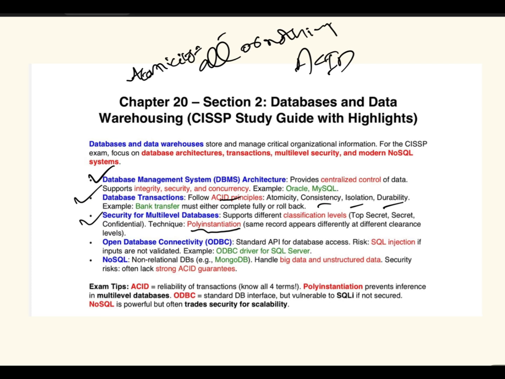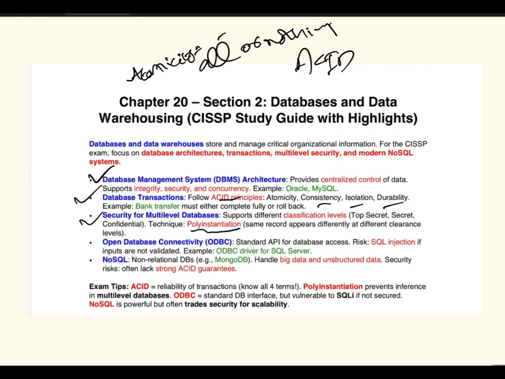So top secret users can see, for instance, for one critical asset, the location, let's say in Berlin, but confidential users may not see the location of that critical asset. For them it is unknown.